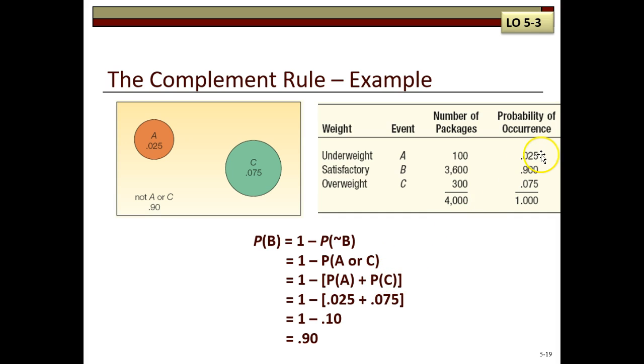A is 0.025, C is 0.075, and 1 minus 0.1 is 0.9. So 90% of those bags with the vegetables are a satisfactory weight, and that's using the complement rule.